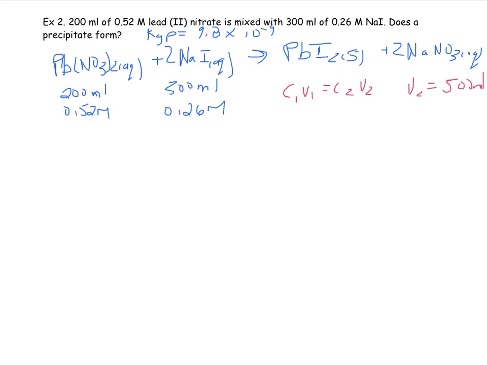If I take the concentration of the lead nitrate, because lead nitrate gives me 1 lead, and times it by the volume, and sub that in for C1 and V1, and find C2, then I get a lead concentration of 0.208 mole per liter. I would then do the same thing to find the concentration of the iodine. Every sodium iodide gives me 1 iodine.